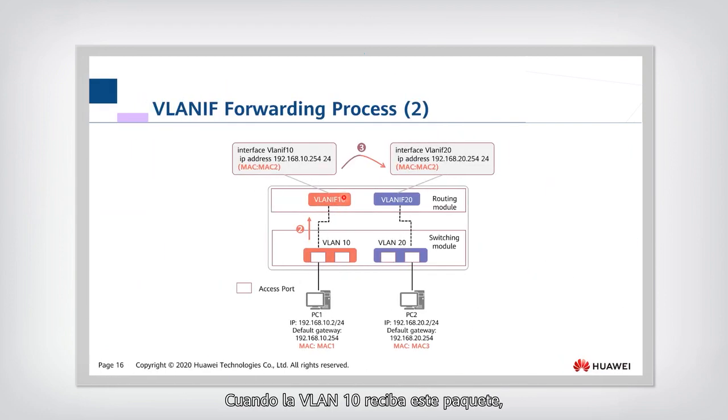Next, when VLAN interface 10 receives this packet, it will check the destination MAC address. It finds that the destination MAC address is itself, so it will receive this packet, and then it will check the destination IP address. It finds that for that destination IP address, it should forward this packet to interface 20.